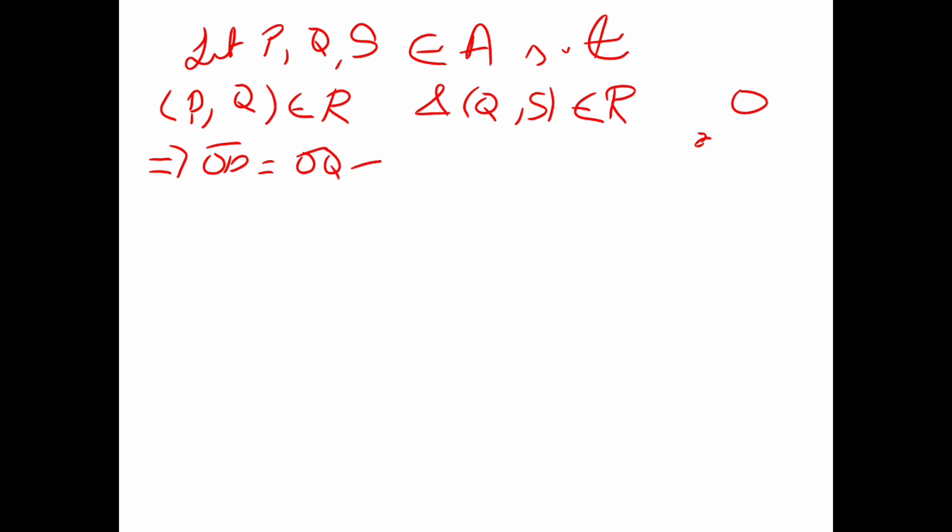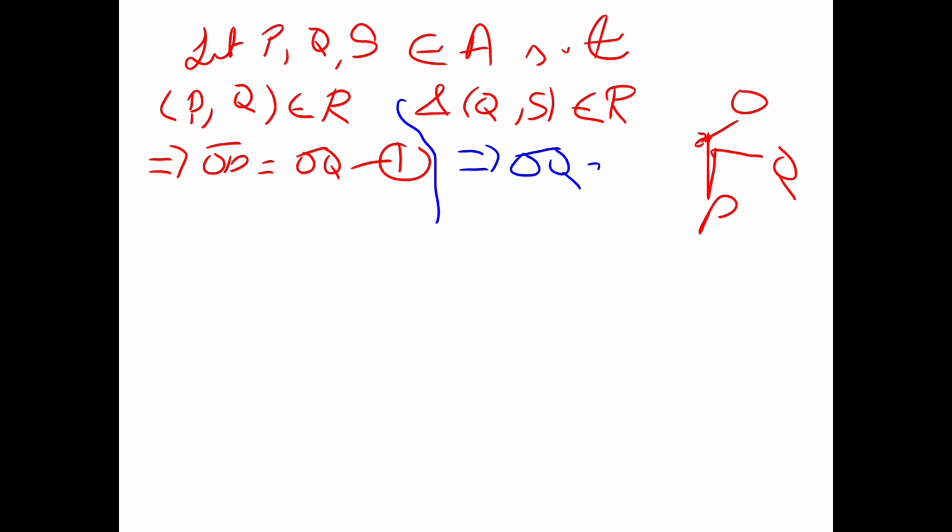Using the relationship, we set the equation. That means the distance from origin to point P equals the distance from origin to point Q. And distance of Q from origin equals distance of S from origin.